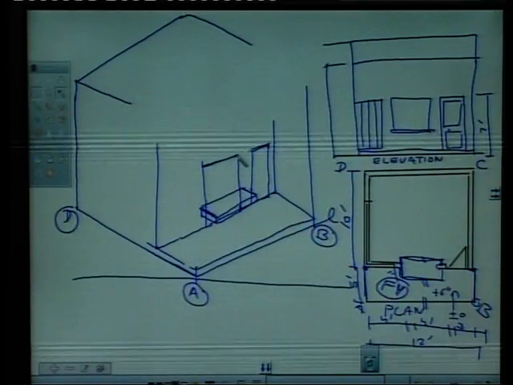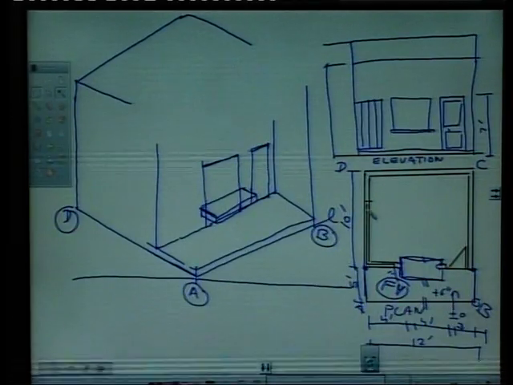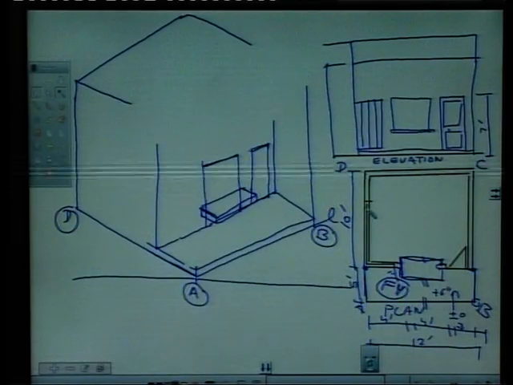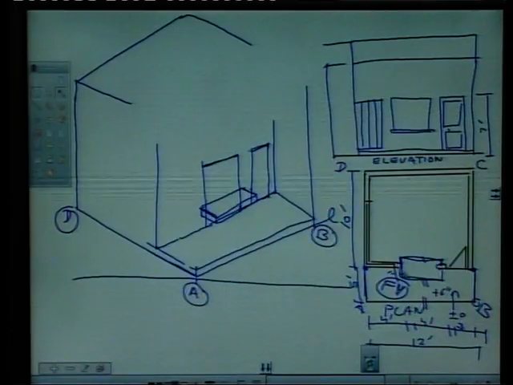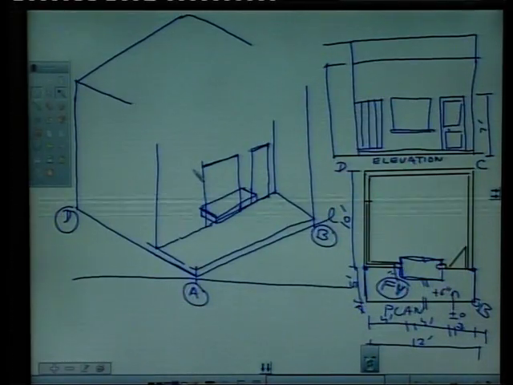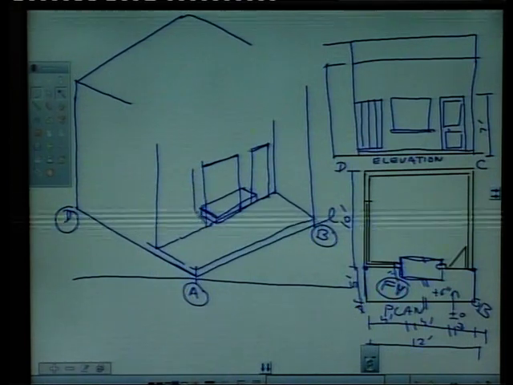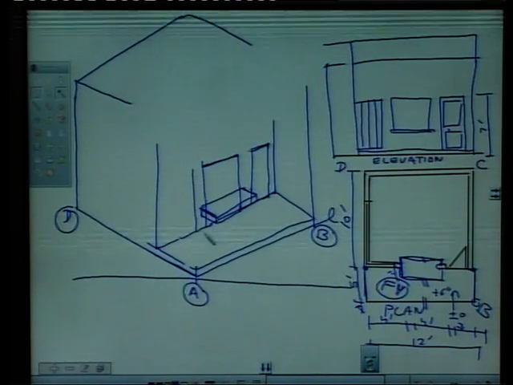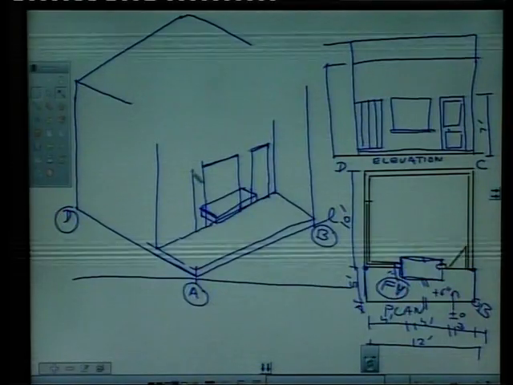Next is say this window, L-shaped window at the corner. How to draw this? Say there is again little portion of wall. Say this much is the wall, or you can measure from the plan what's the size of this wall.